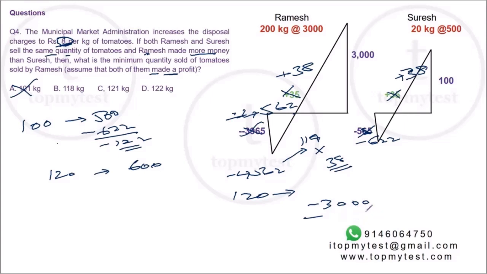Sorry, that's 640. And 120 into 30 will be 3,600. So 3600 minus 3000 is 600. 600 minus 640 is minus 40. So at 120, he is at minus 40 and Suresh is at 600.